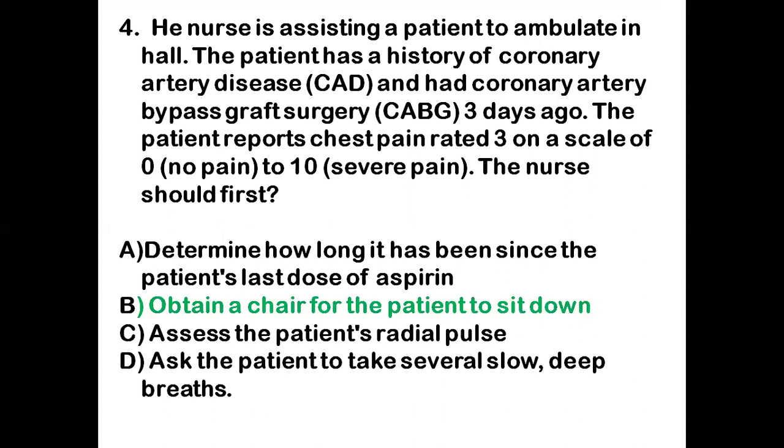So obtain a chair for the patient to sit down, just relax, first step. Then only you move on to the next step, like checking when the aspirin was last given. So the first step in ambulating the patient: the patient should sit down first. Okay, got the point? So the first step is option B, obtain a chair for the patient to sit down.